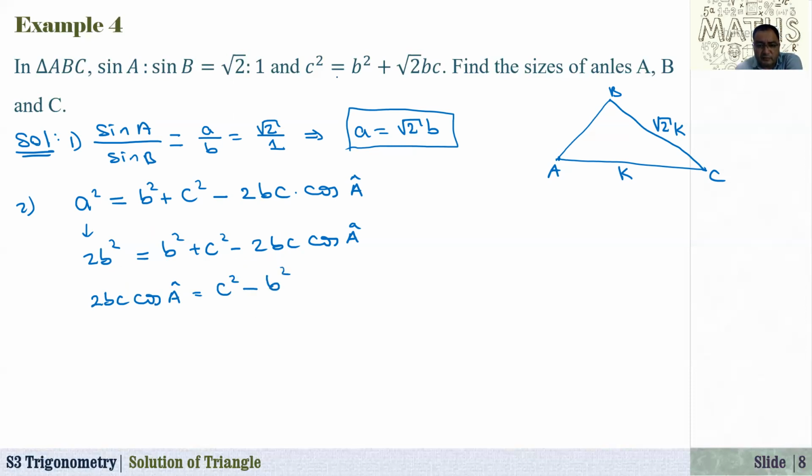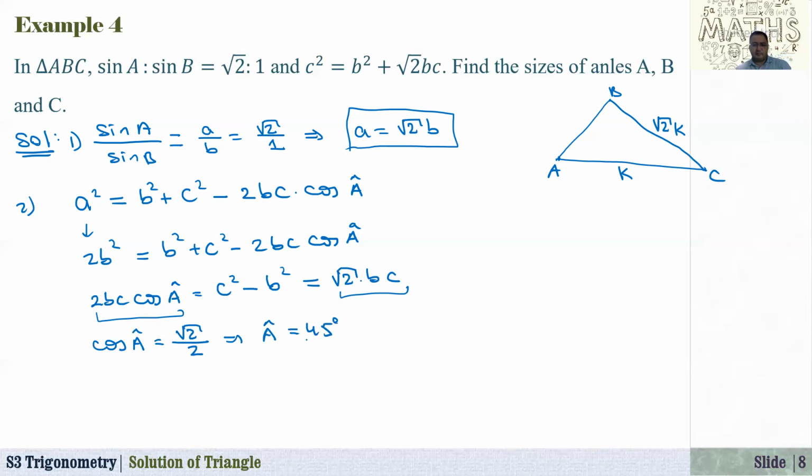And from the given information, C squared minus B squared is equal to square root of 2 times B times C. So now these two things are equal to each other, and square root of 2 and BC cancel each other. From here we get that cosine of A is equal to square root of 2 over 2, which implies that angle A is equal to 45 degrees.